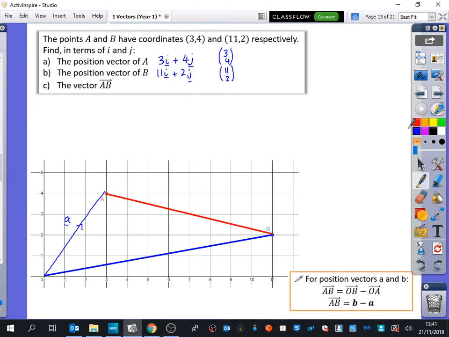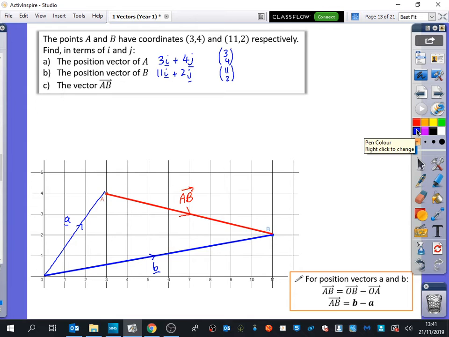So we know that's the position vector of A, this is the position vector of B, and this thing that we've got in red here is the vector AB. How do we go from A to B using the blue pathways?